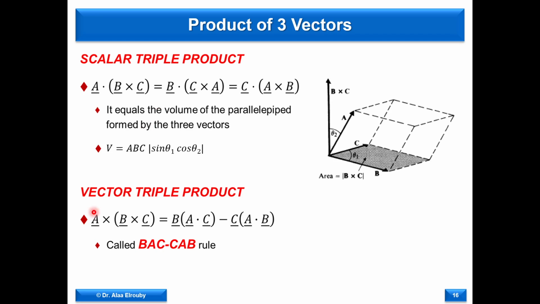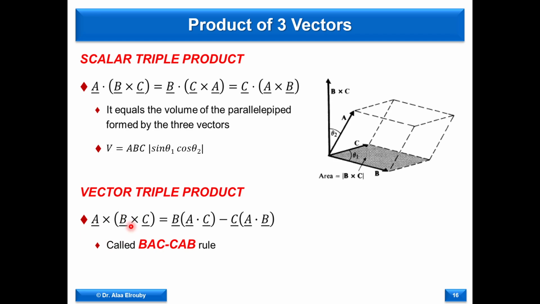Another vector triple product is A cross B cross C, where B cross C is within the bracket. So we do this operation first, then cross product A with the result of the cross product, which is another vector.